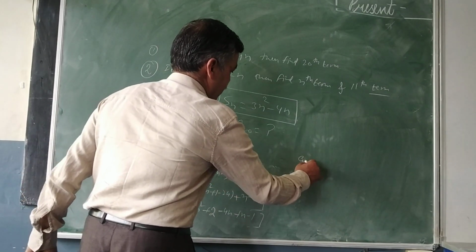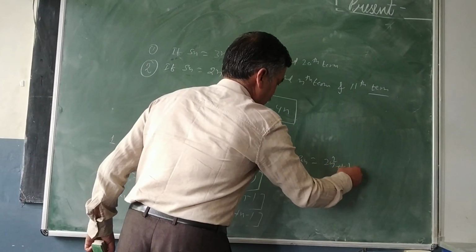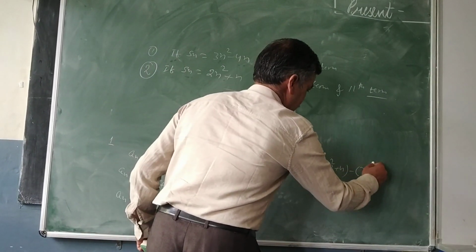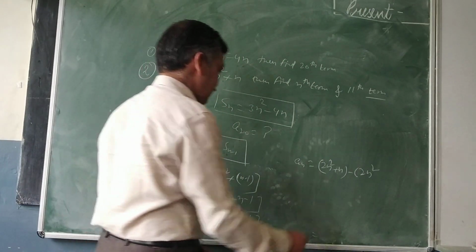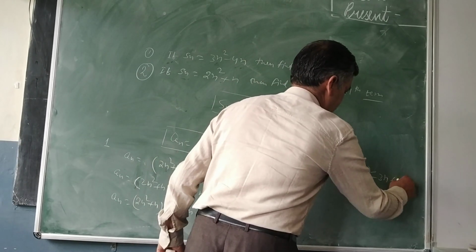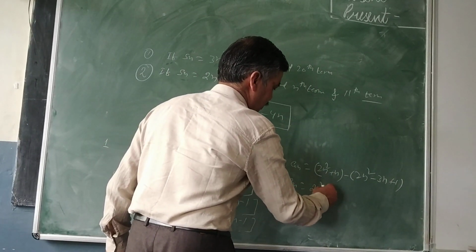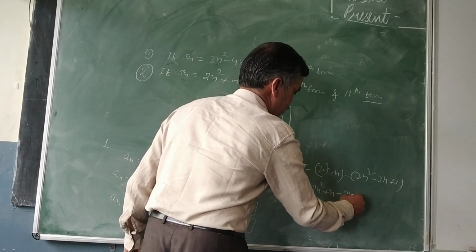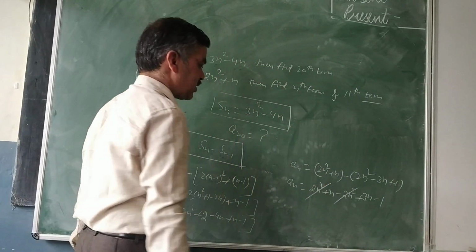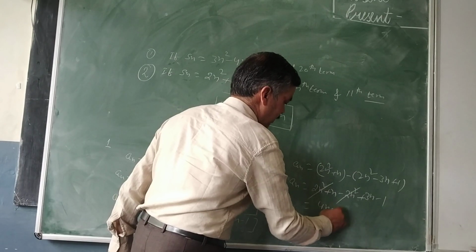Then an will be equal to 2n square plus n, and here it is minus 2n square, then minus 4n plus n will make it minus 3n, and plus 2 minus 1 is plus 1. So do these calculations very carefully. an is equal to 2n square plus n minus 2n square plus 3n minus 1. So again you can cancel 2n square with 2n square. 3n plus n will make it 4n minus 1.